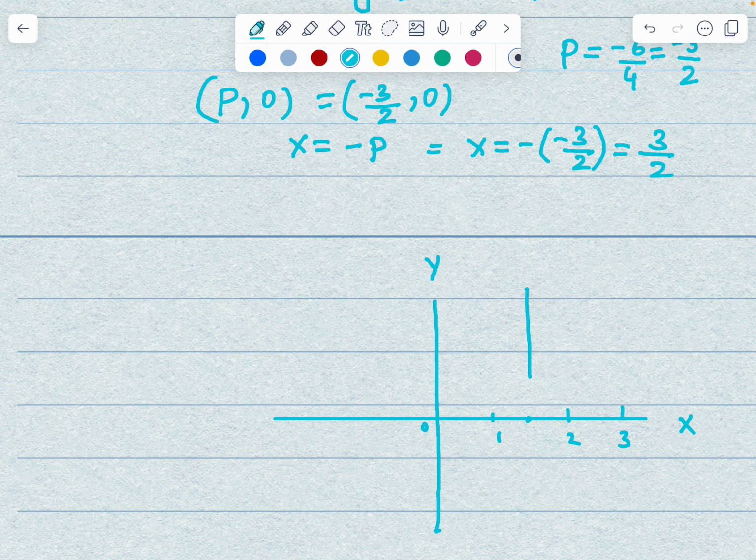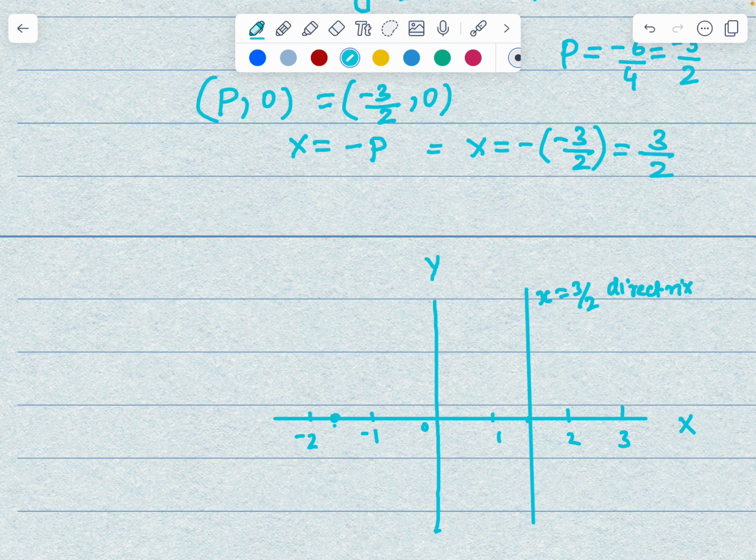So that is my x is equal to 3/2, which is the directrix. And then your focus is -3/2, which is -1.5, and 0. So then the same thing, let's go -1, -2. So negative 1.5 is going to be somewhere here.